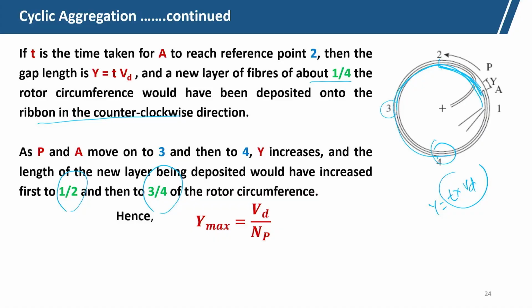Hence Y max equals Vd by Np, that is the maximum distance we can have up to this point.